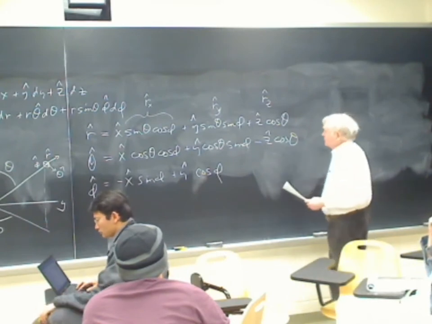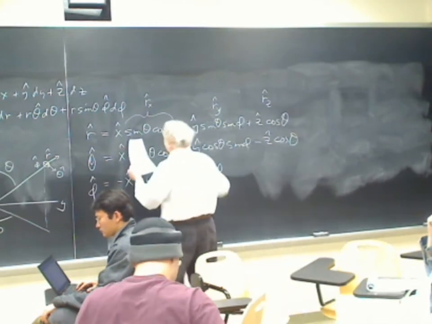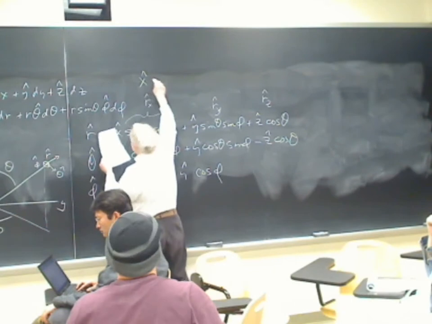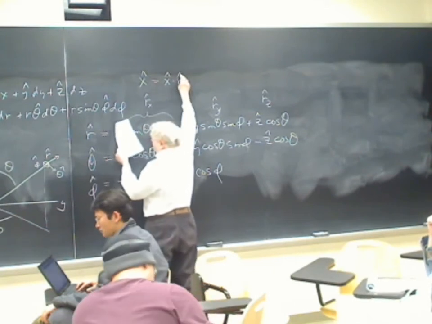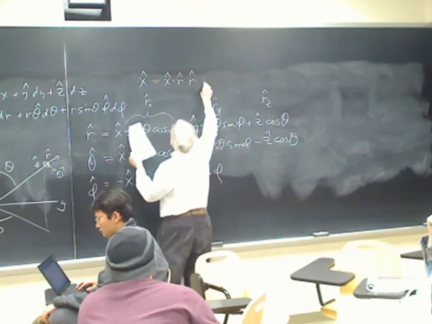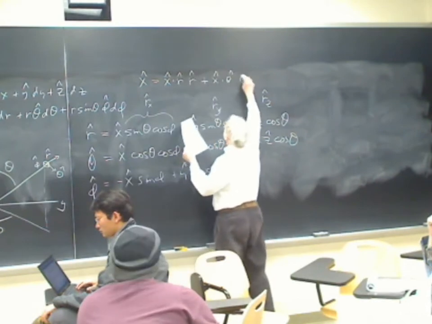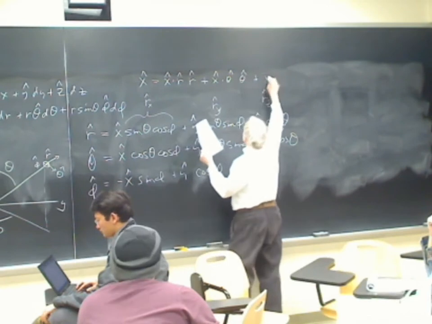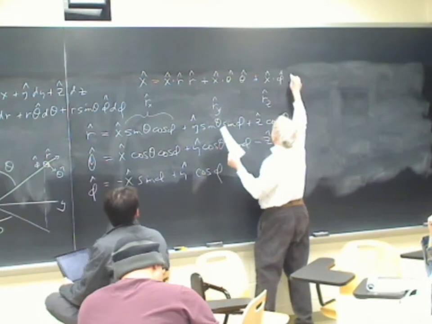Okay, the inverse relations can be obtained by just saying, for example, that x hat is equal to x hat dot r hat times r hat plus x hat dot theta hat times theta hat plus x hat dot phi hat times phi hat.